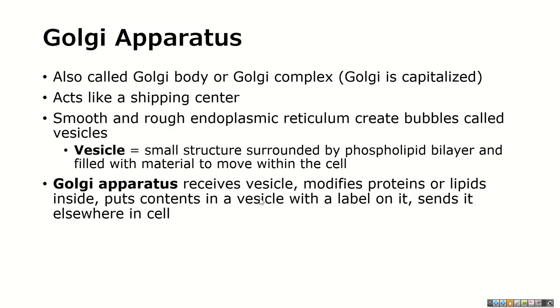The Golgi apparatus is going to take that vesicle, open it up, see what's inside, modify it if it needs to. If the protein needs to be refolded, if it needs to be cut up into smaller pieces, if the lipid needs something attached to it, the Golgi is going to do that. Then it's going to make a new vesicle with the proteins and or lipids in it, and it might combine proteins from several different vesicles into one.